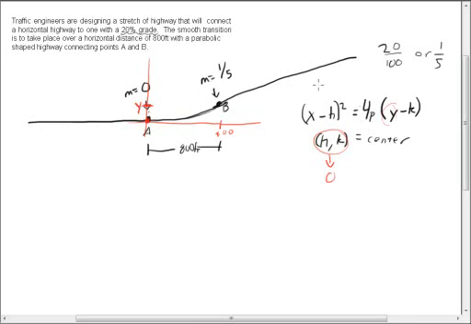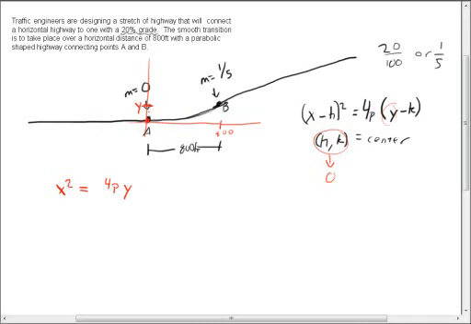Okay, so the way we do this is we take the derivative, because this is a slope problem, and that's how we find slope. So, we first write out what we have now. x squared is equal to 4py.